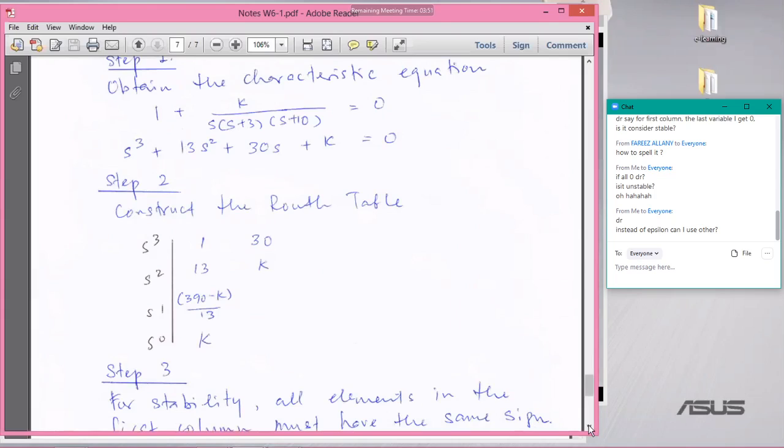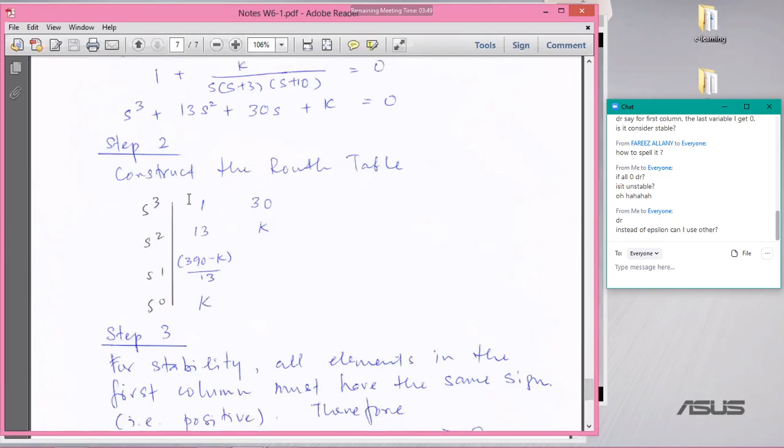For a stable system, you want all the elements in the first column to be positive. So k must be greater than 0, and k cannot be greater than 390. If k is greater than 390, then you are going to get a negative value for your B1.